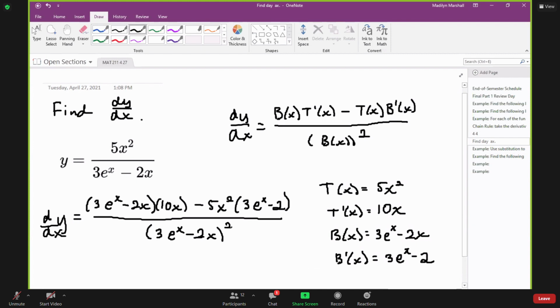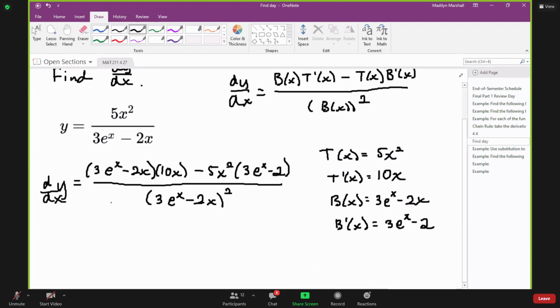So this is great if you get here. However, I do want you to simplify at the top because there might be like terms that can be added. In general, the top shouldn't be left with two separate complex terms. So we do need to multiply out. So we'll have 30x e to the x minus 20x squared.